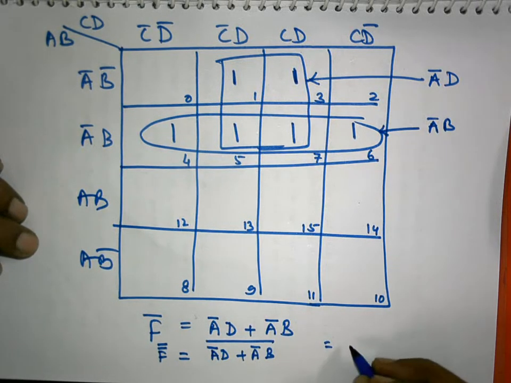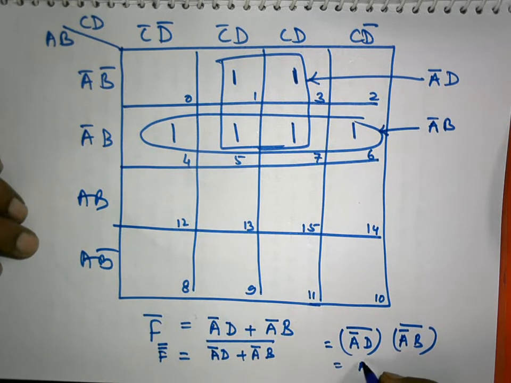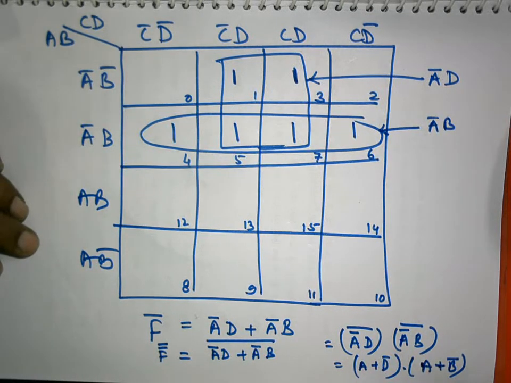What De Morgan's theorem says is that this will be (A bar D) whole bar dot (A bar B) whole bar, and this will be (A plus D bar) dot (A plus B bar), and this is your product of sum realization of the same truth table, because now you are realizing F, okay. So this way you are realizing max terms.